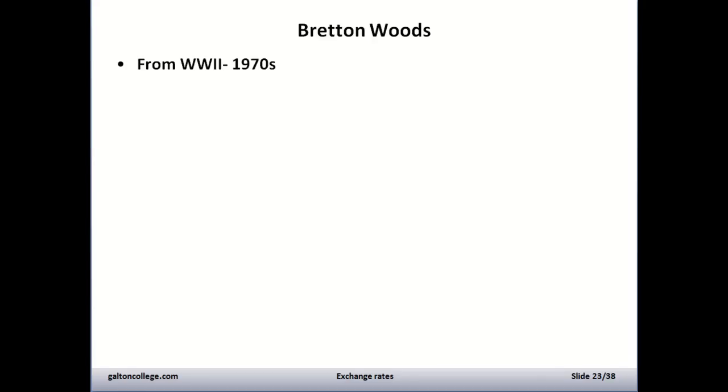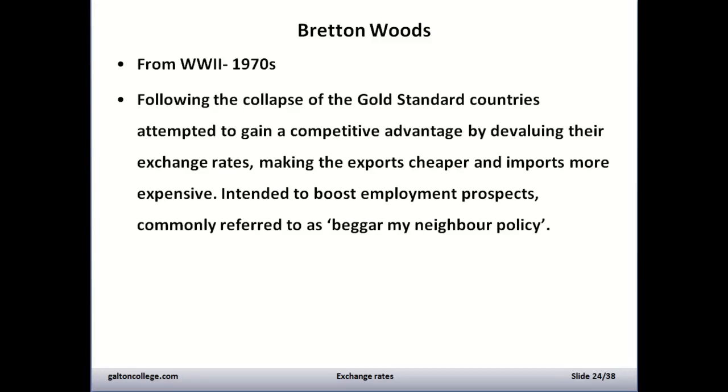The Bretton Woods system itself lasted from the end of the Second World War to somewhere into the early 1970s. The gold standard system had collapsed. There wasn't enough gold around anyway to finance the volume of world trade. So the leaders at Bretton Woods wanted to get countries to agree to fix their currencies one against the other.